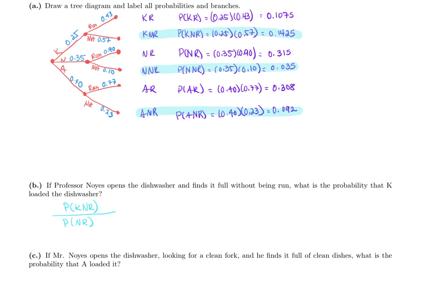So our probability of our event happening here is the probability that K loaded and did not run it, which is 0.1425 from our chart. But the different ways the dishwasher could be loaded and not run is that it could have been K who did it, or it could have been N who did it, or it could have been A that did it.